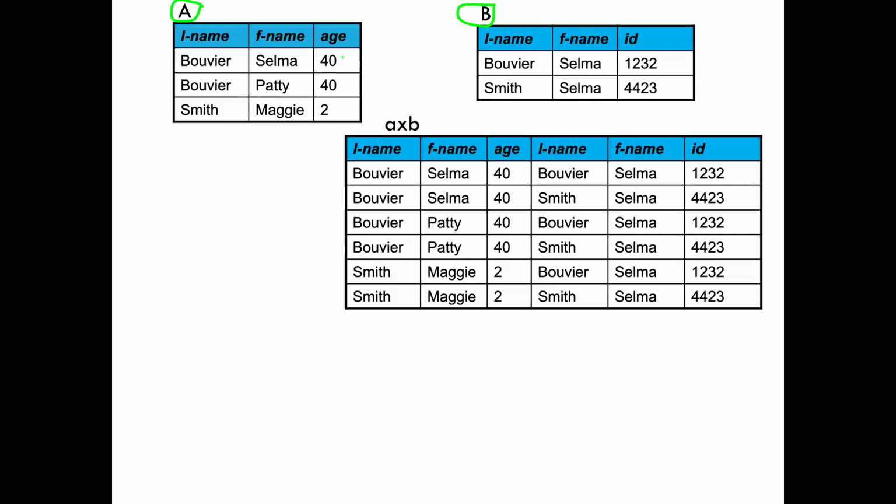But let's say that if age is also integer and ID is integer, can you join them? Are they union compatible? If age is integer and also ID is integer, can you combine them? It is union compatible, right? But the meaning will be all wrong because you will be joining age and ID in the same column. So it will be all wrong, right?